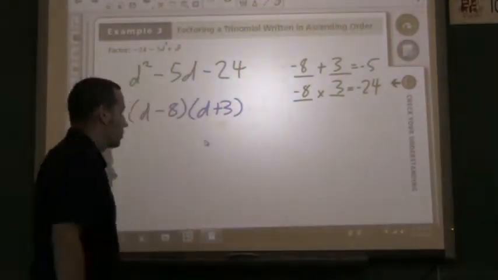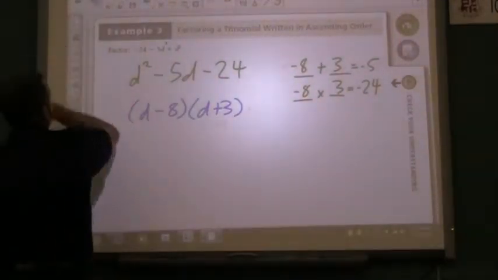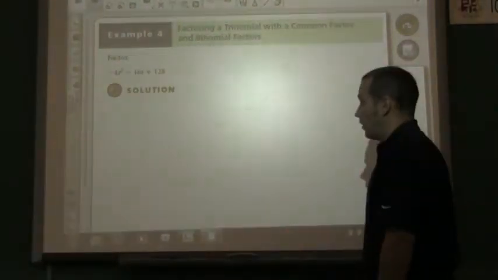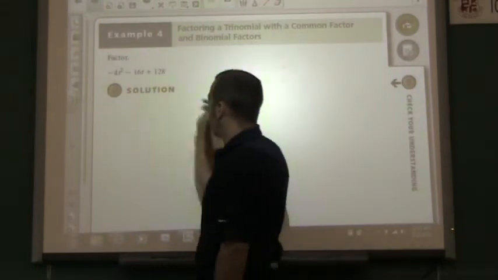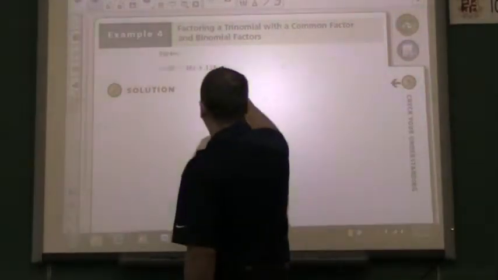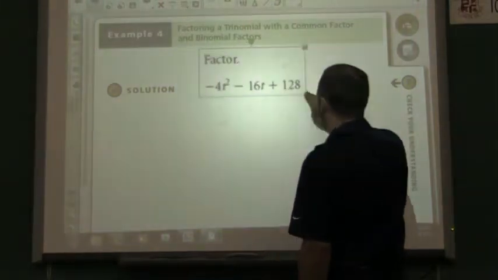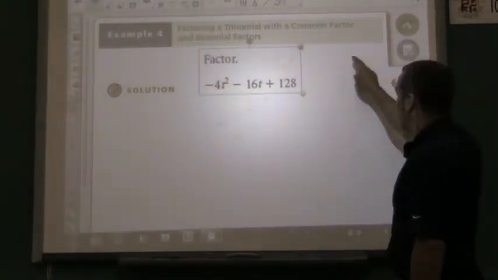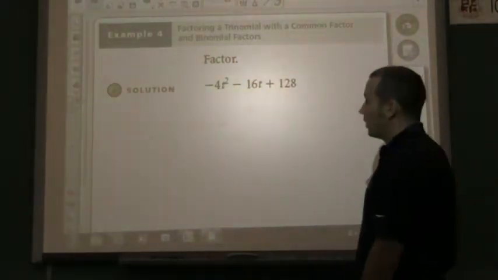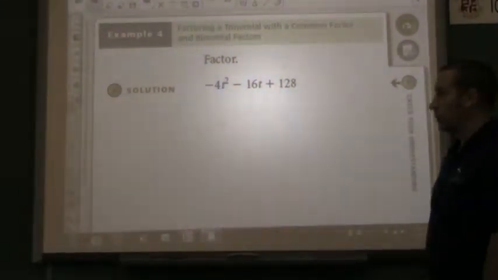All right, one more topic we wanted to look at here. This time, my trinomial is written in order, but if you look at it here, what's different about it is this time I've got a number out in front of the squared term.